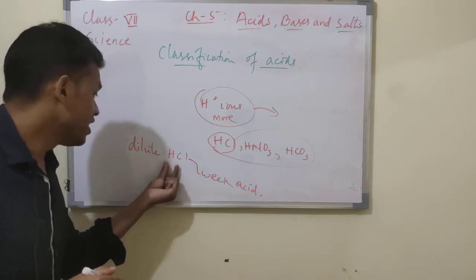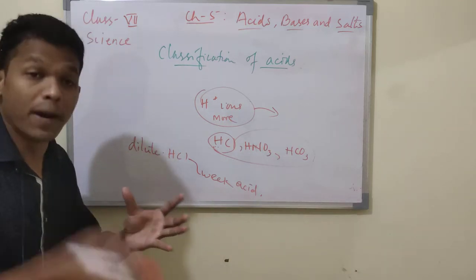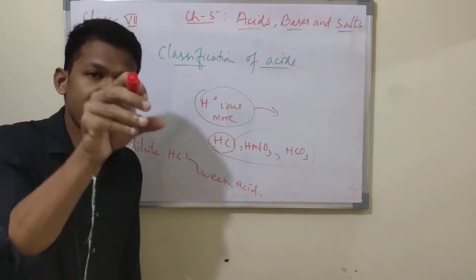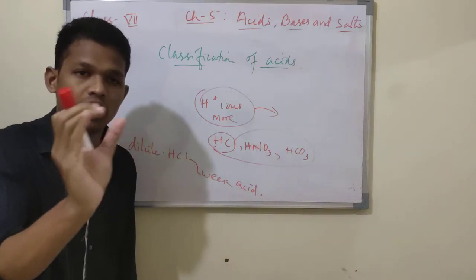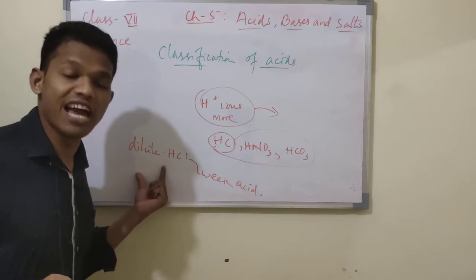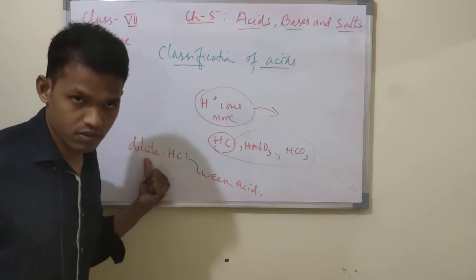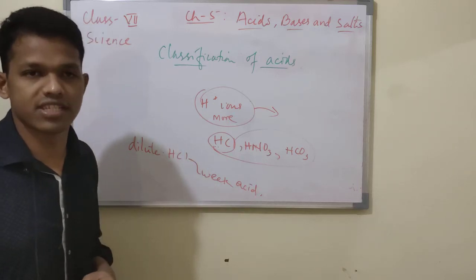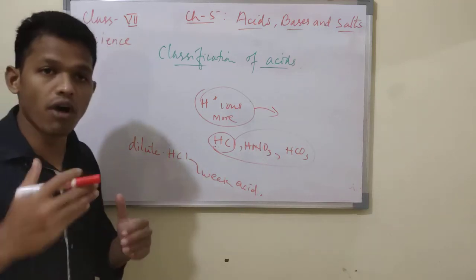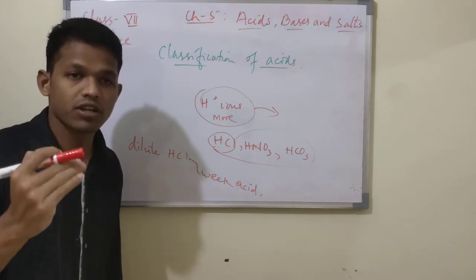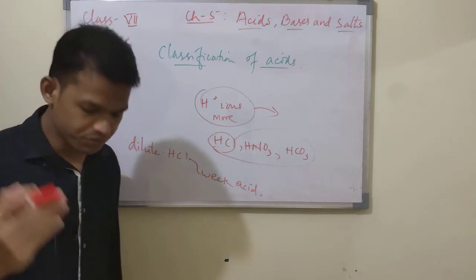Dilute means this HCl is made weak by adding water. A calculated amount of water is added to make the hydrochloric acid a weak acid. That is known as dilute HCl. Dilute means the percentage of water is more than the percentage of acid. I hope you understood the difference between concentrated hydrochloric acid and dilute hydrochloric acid.